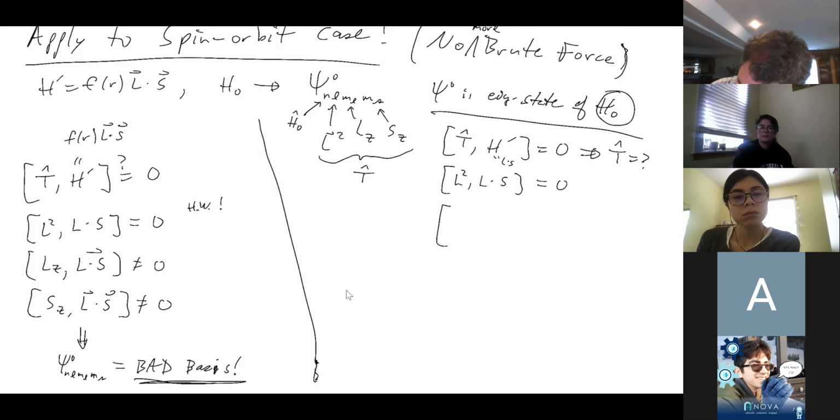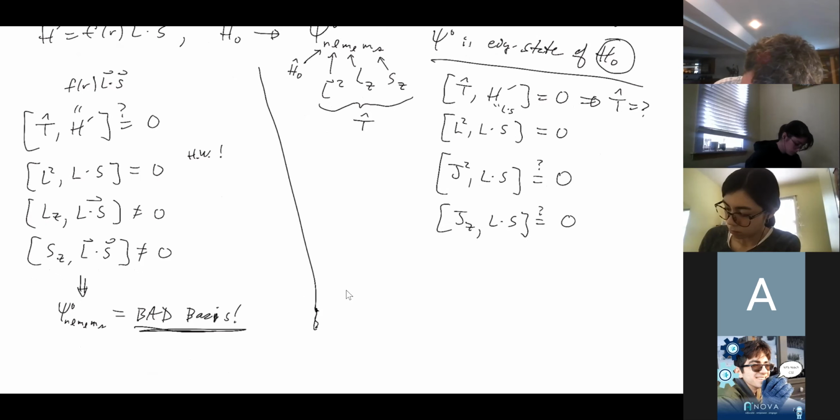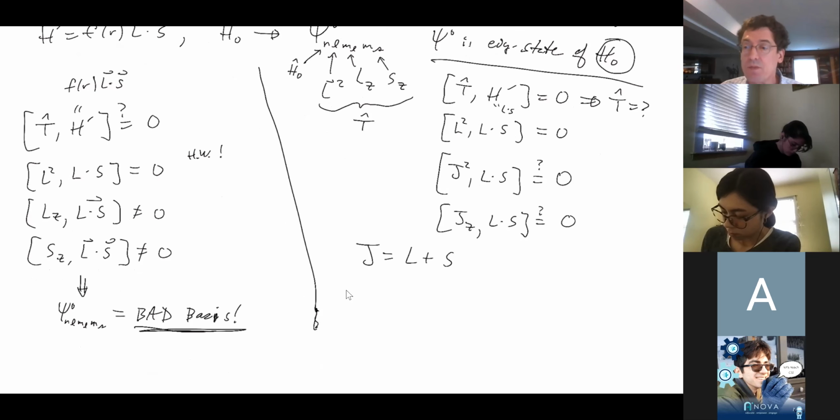Well, let's consider a new operator, J squared with L dot S, and let's consider another operator, JZ with L dot S, where J is equal to L plus S. I'm adding the angular momenta.